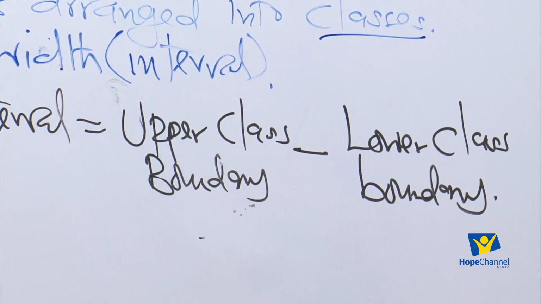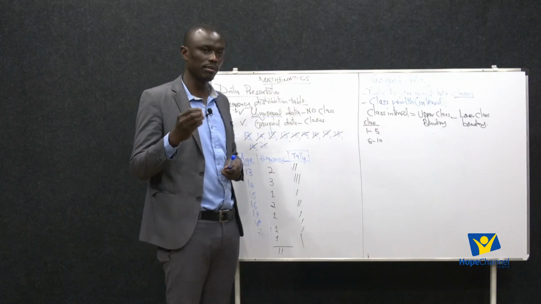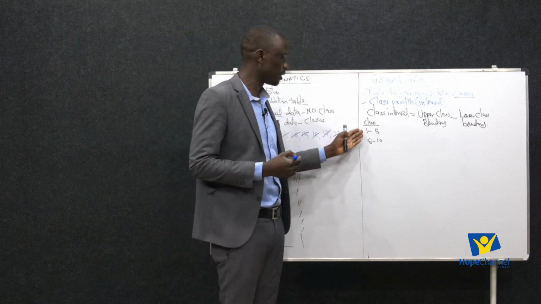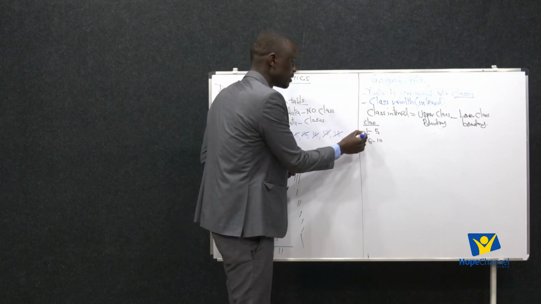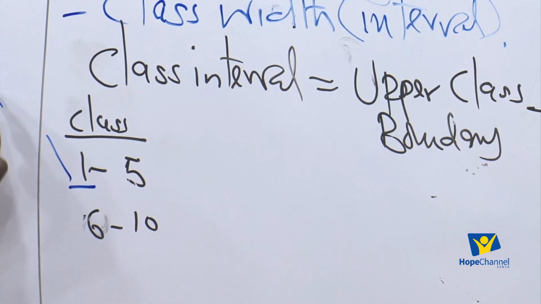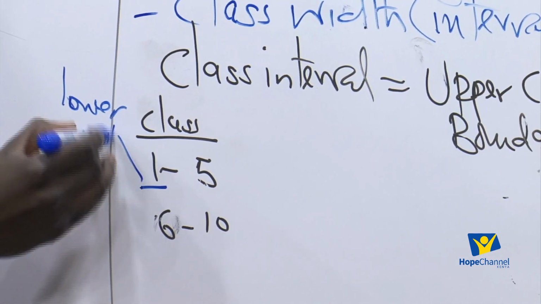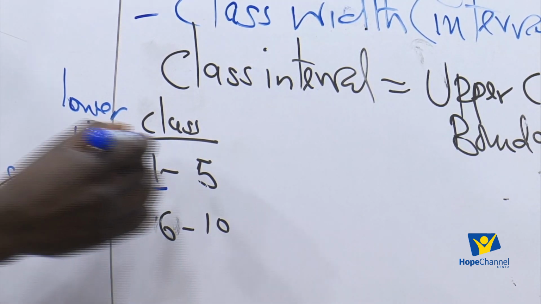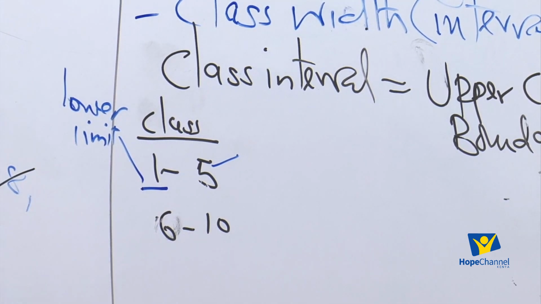More often, when you are given the data, we are given the range, like 1 to 5. This one is representing a limit. We call it the lower limit. This 5 is representing also a limit. A limit is just where to start and where to stop.